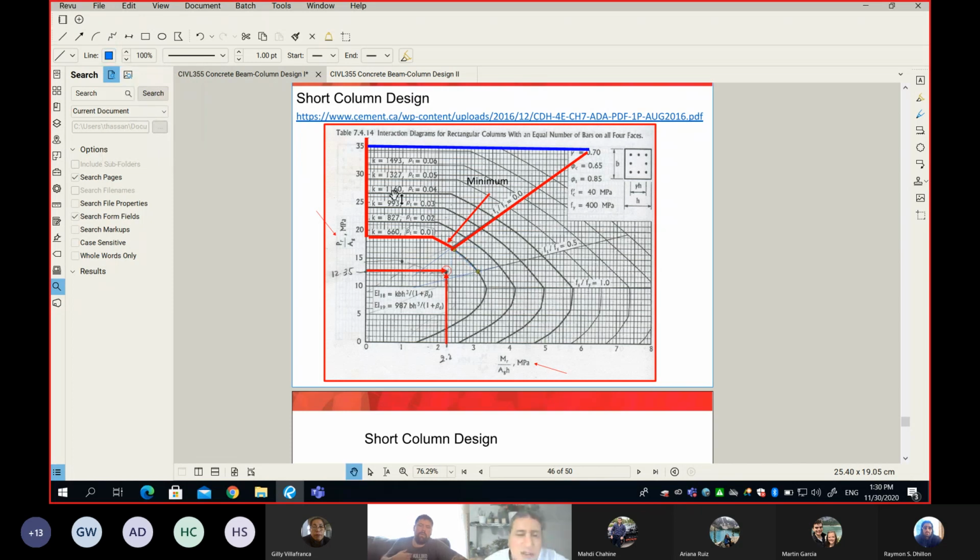So here is one line on splice A. It's anywhere between Fs divided by F yield from 0 to 0.5. Probably I need to make the lines thicker so you guys can see.